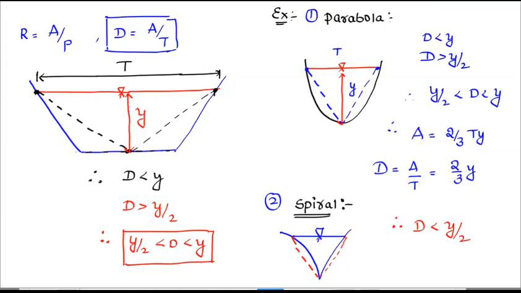Trapezoidal. So trapezoidal area is more, which means hydraulic depth is more, obviously. For triangle, what is hydraulic depth? Y by 2. As the flow area of trapezoidal is more than the triangle, obviously the D value is more than the triangle. So that's the reason why D is greater than Y by 2.